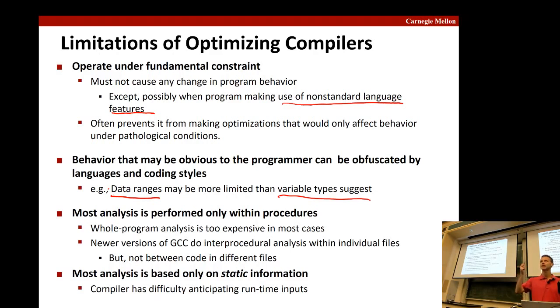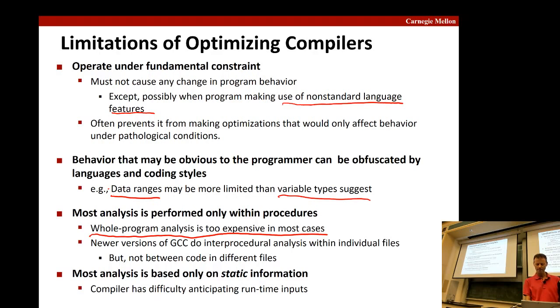If I compile a C file that's part of a larger program, the compiler may not have visibility to those other files. And even if it does, the analysis gets more and more expensive depending on how many pieces you bring in. If you have 10,000 lines of code and you're asking the compiler to do some analysis across 10,000 lines in order to do some optimization, that's, as you can imagine, incredibly expensive.